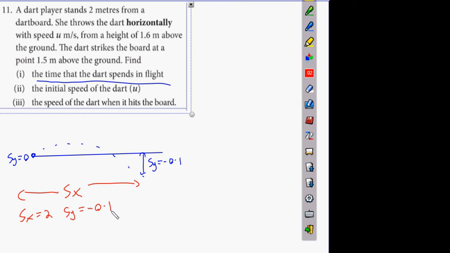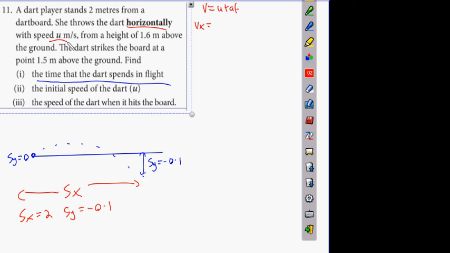Alright. We're going to start off with our two equations, vx and vy, using v equals u plus at. vx: she threw the dart horizontally, which means it goes straight across at u.